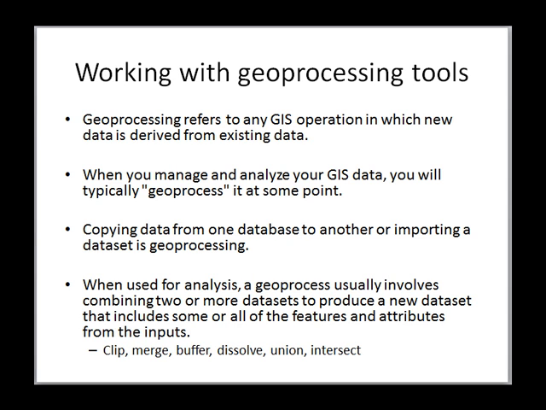When geoprocessing is used for analysis, it usually involves combining two or more data sets to produce a new data set that will include some of the features and attributes from the inputs. So a real common thing we do is clip data. For instance, the North Carolina Department of Transportation has a roads layer of the entire state of North Carolina.